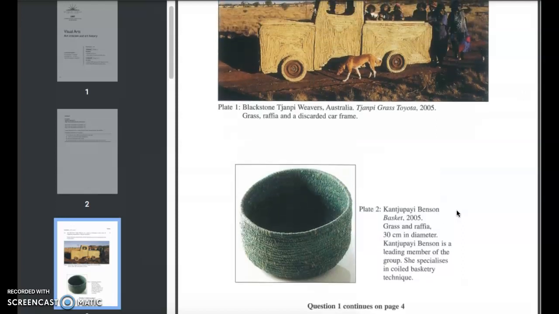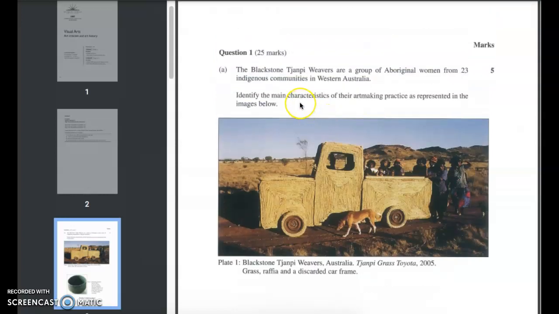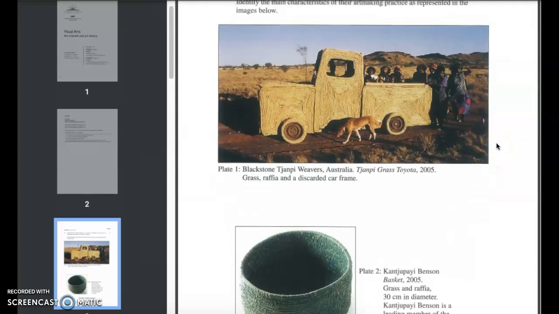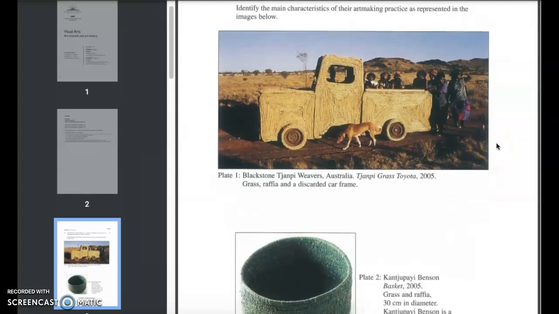So, why is this stuff important? Why do we need to know what it was made out of, when it was made, where it was made, and who it was made by? The question, specifically, this one, asks you to identify the main characteristics of their art-making practice. We can tell straight away that their art-making practice, the how of their art-making practice, is weaving.